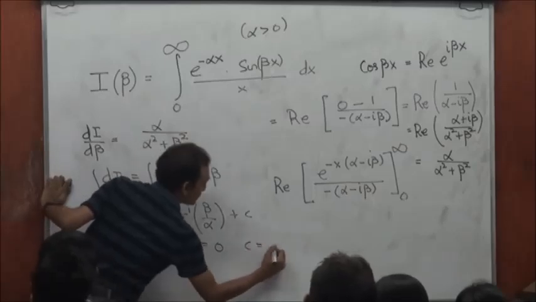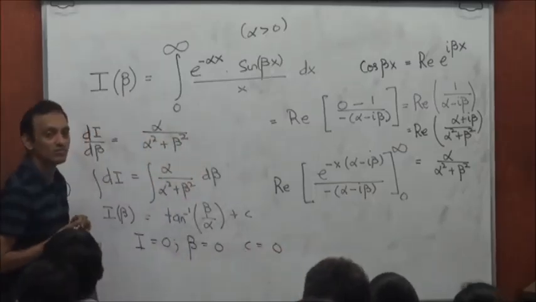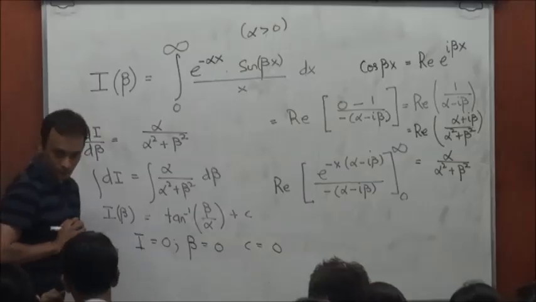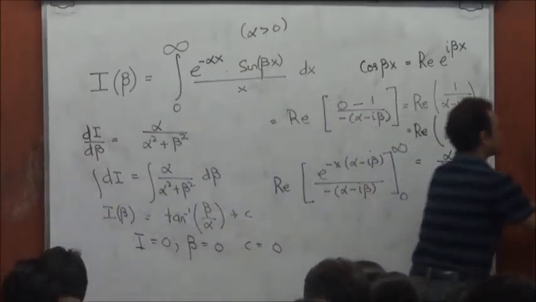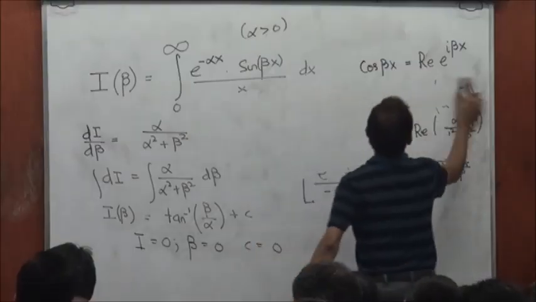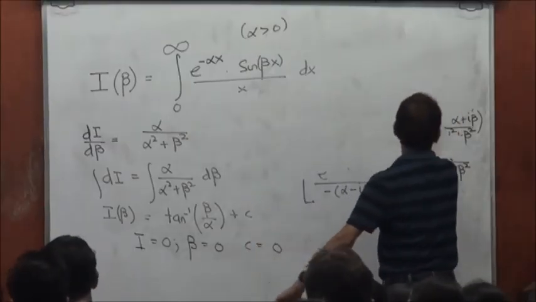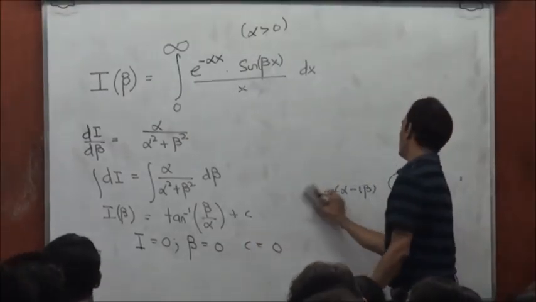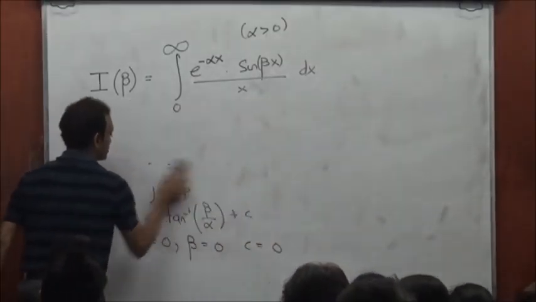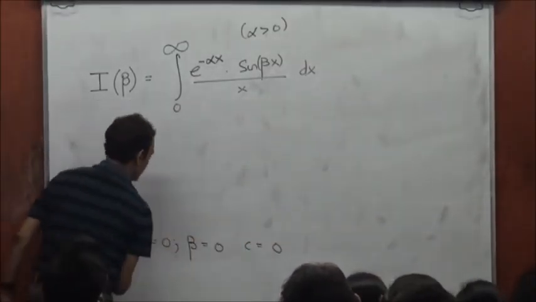That means C must be 0. Right? Which means this integral turns out to be tan inverse beta by alpha.